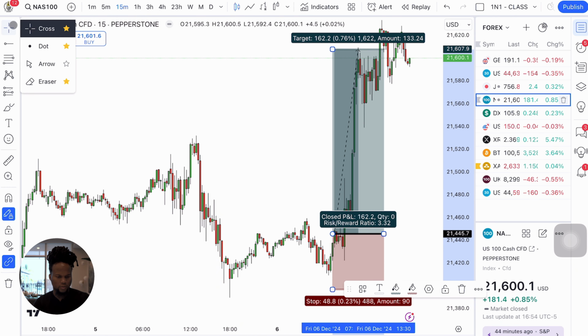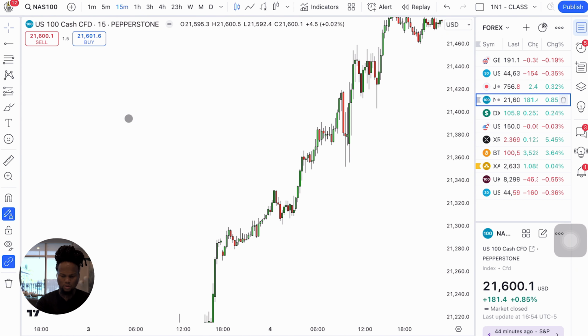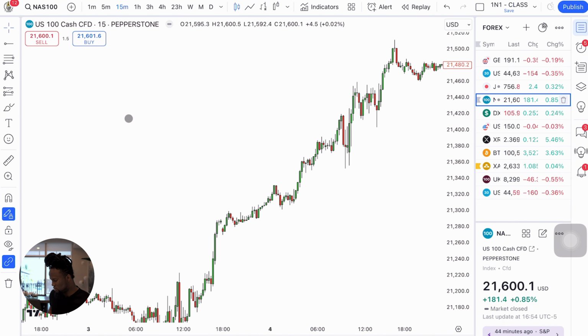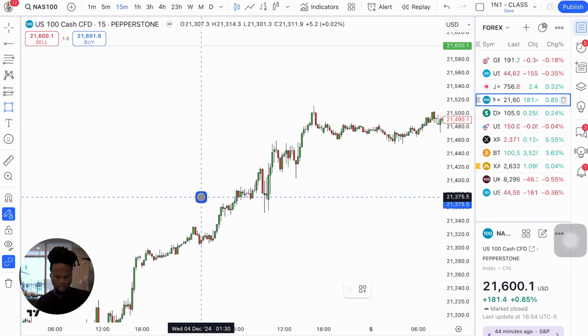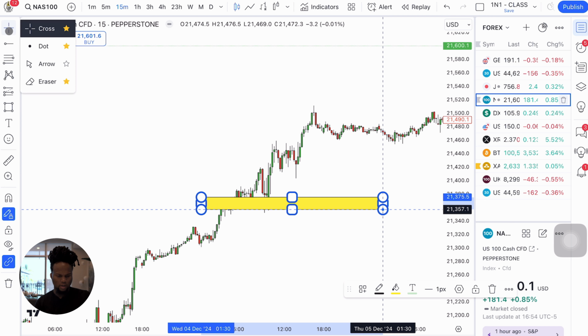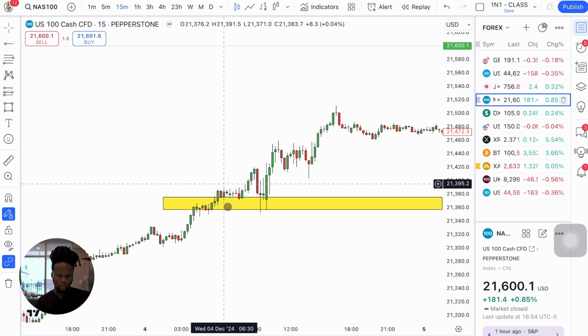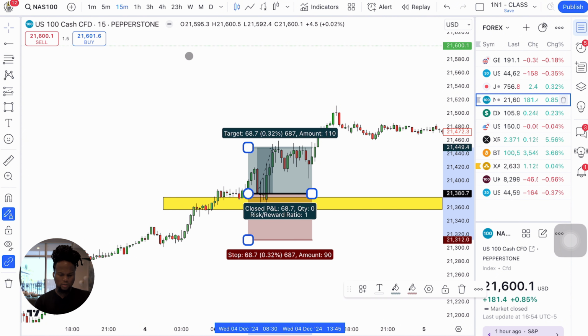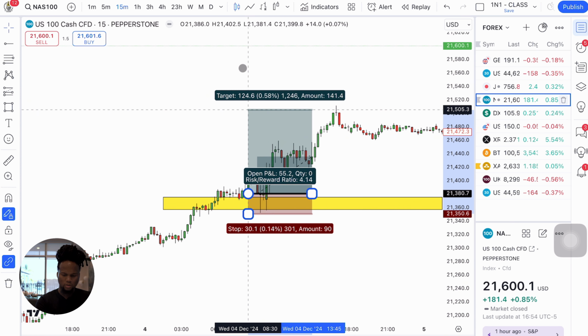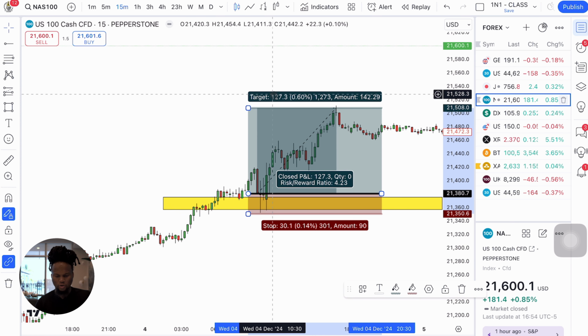An example here, market there, and if I put a buy opportunity right here, so if I select buy here, stop loss below the zone, goes up 4.23, right?